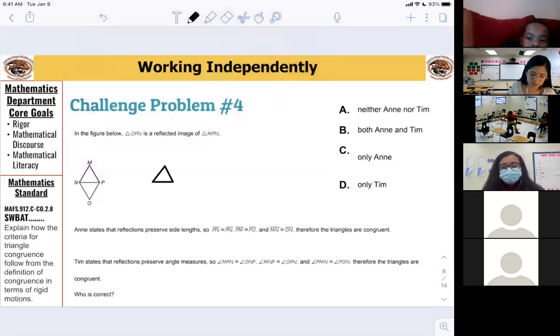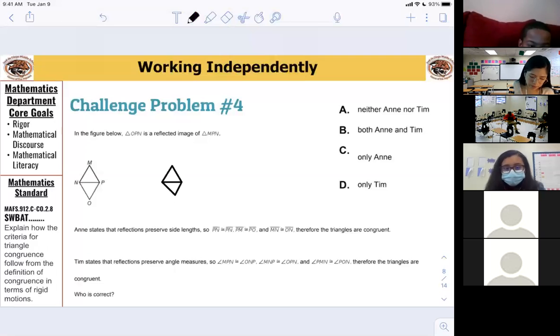Come on, classmates. Alejandro, Daniel, Emily, Eric. Jalen seems to have left. Okay. All right, so B seems to be the winner.